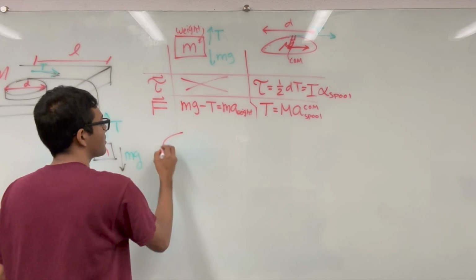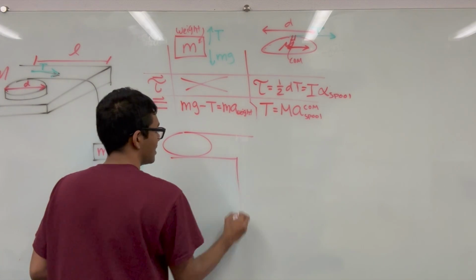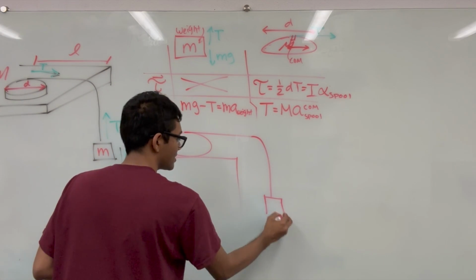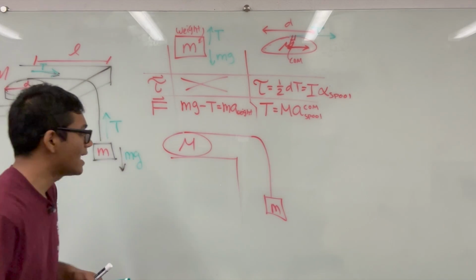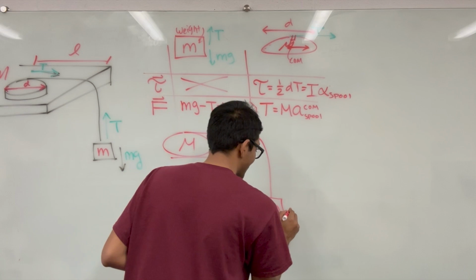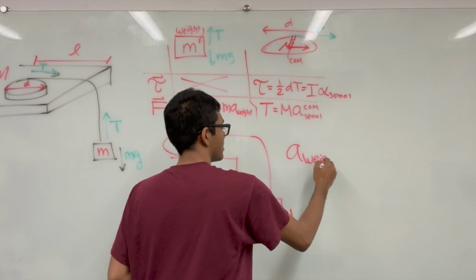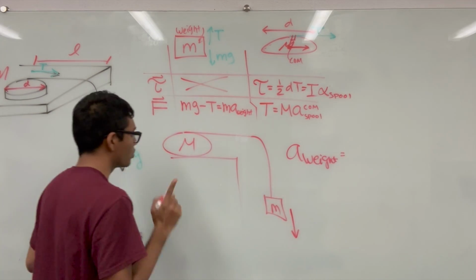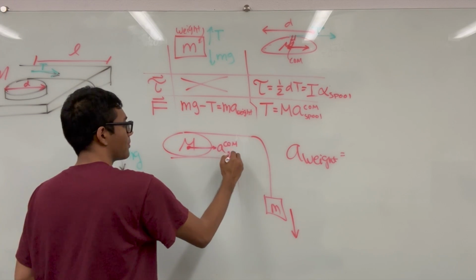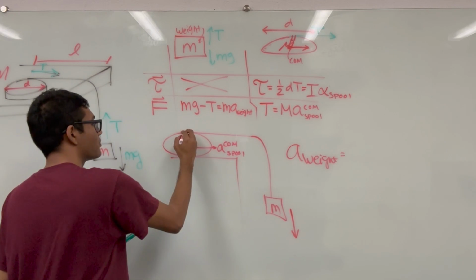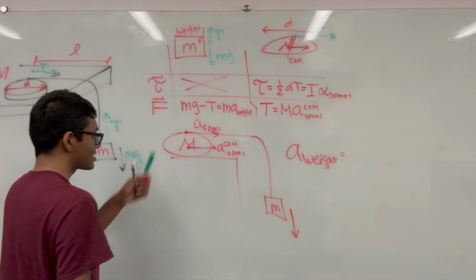If I take a look at my spool, so here's my spool, and here's my table. This is connected to my mass down here. This mass has lowercase m. This is capital M. Now, what I'm going to claim right now is that the acceleration of this weight right here is going to equal the acceleration of the center of mass of the spool plus not only that, but also the acceleration of the spool itself.